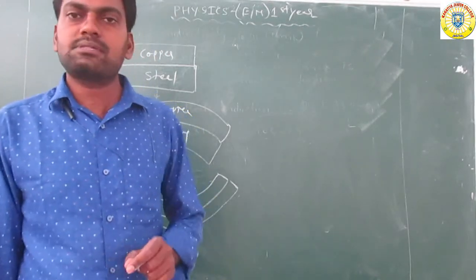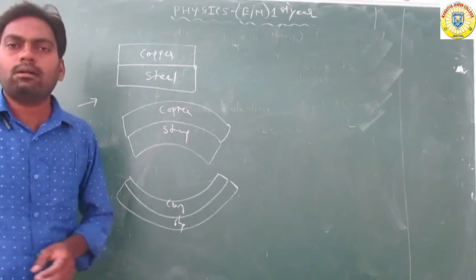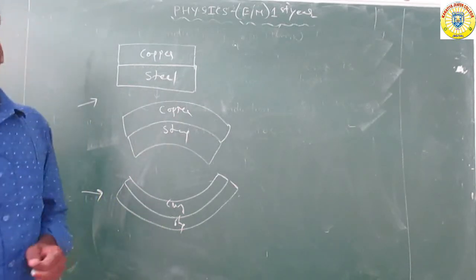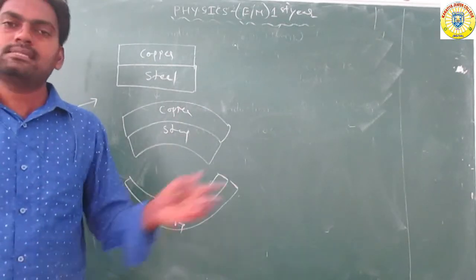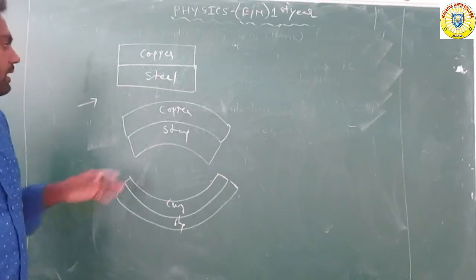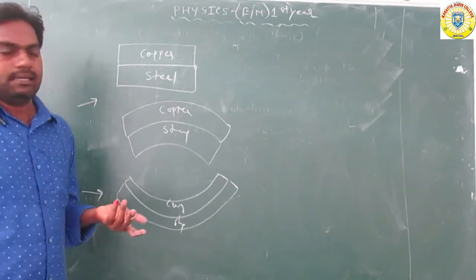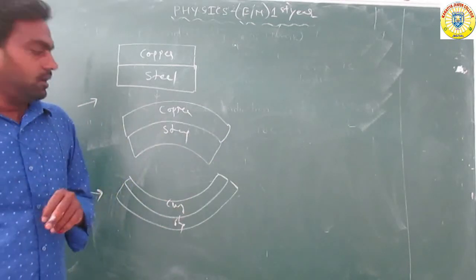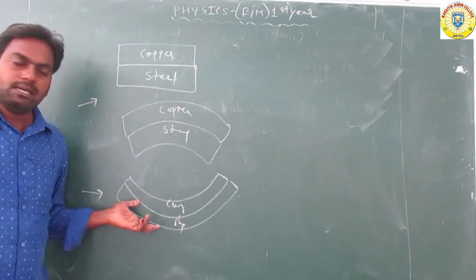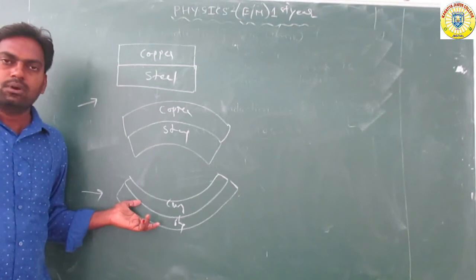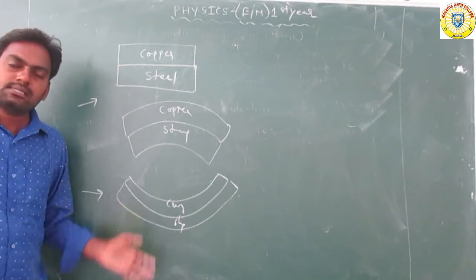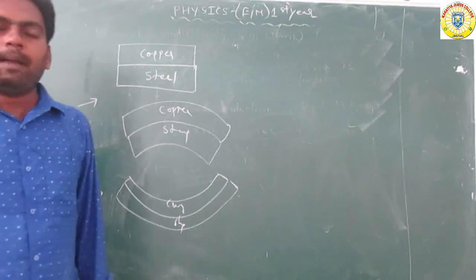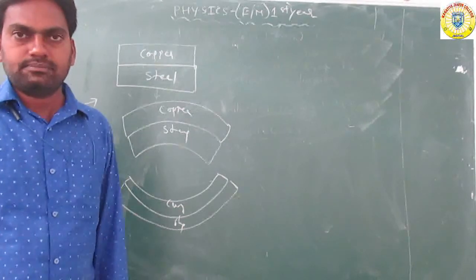At ordinary temperature the copper and steel are in this state. On heating, the copper expands more, and on further cooling, the copper contracts more compared to the steel.